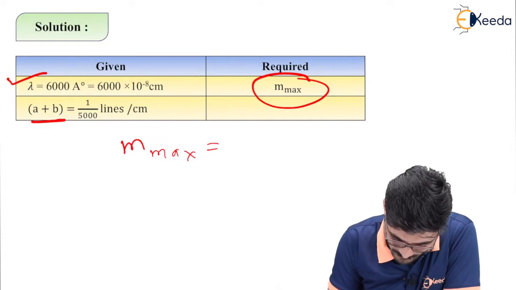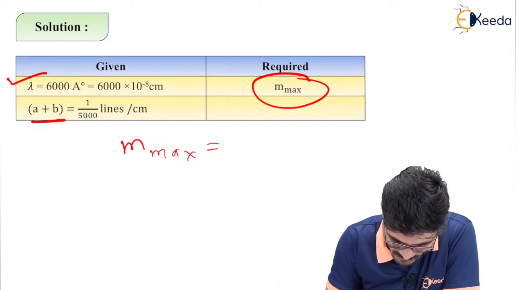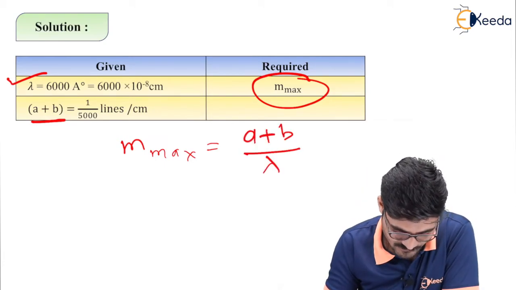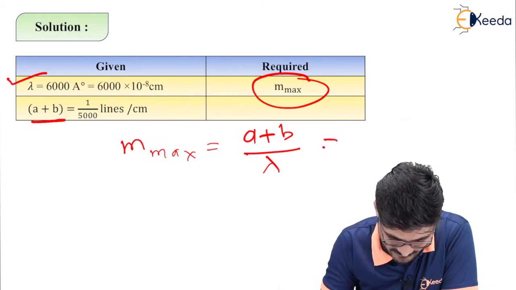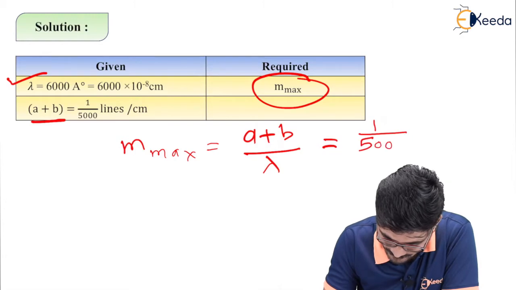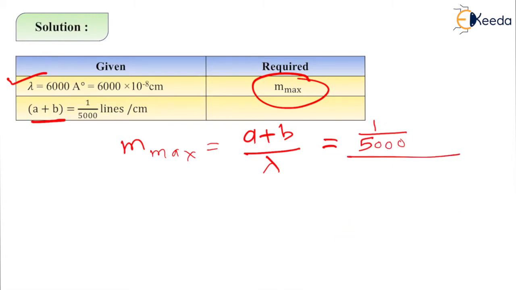The formula for m max is you have to calculate A plus B upon lambda. So directly data is given. A plus B is 1 upon 5000 and divided by 6000 into 10 raised to minus 8, right?